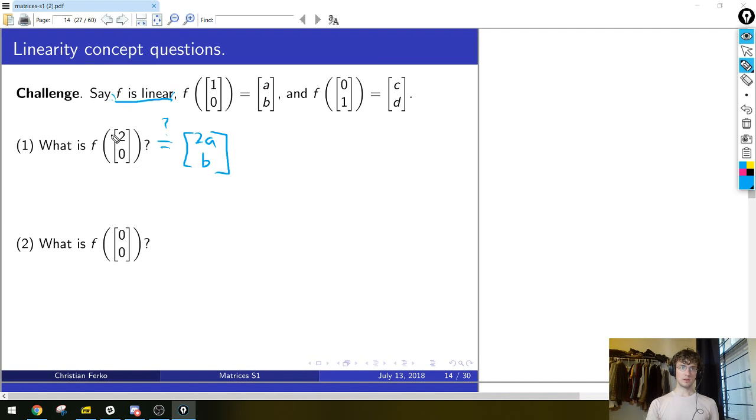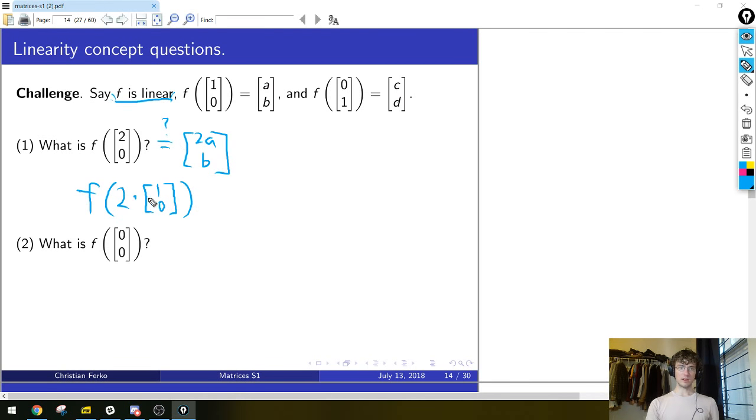Okay, so what is the rule? So I think you're trying to say we can write this vector (2, 0) as twice the vector (1, 0), right? That was your idea under the hood? That makes zero sense now that I think of it.